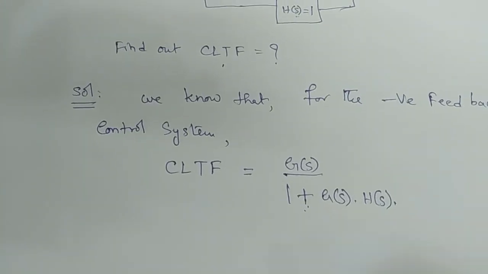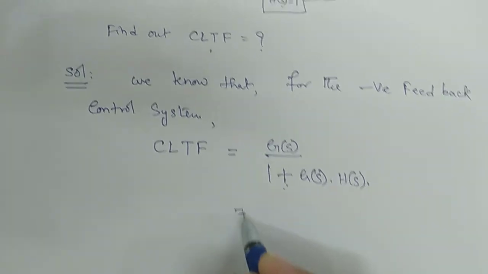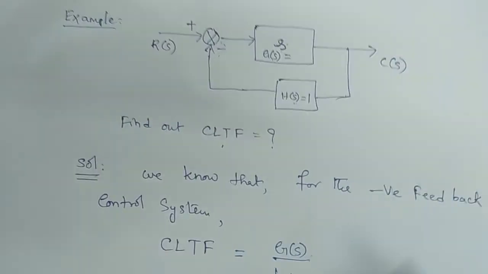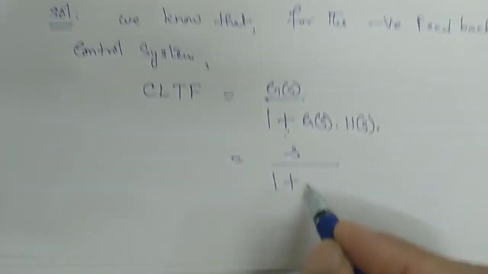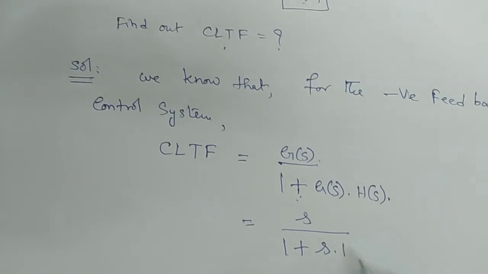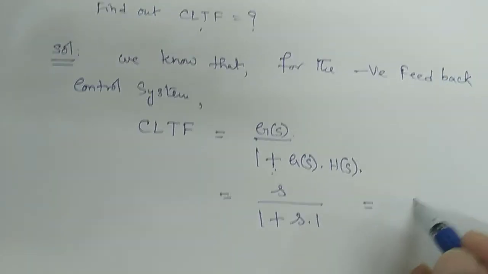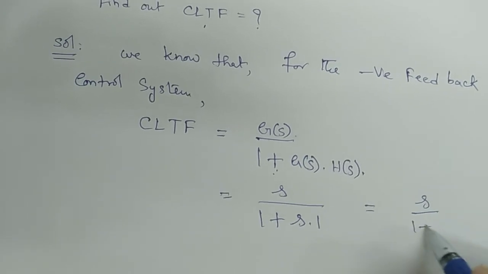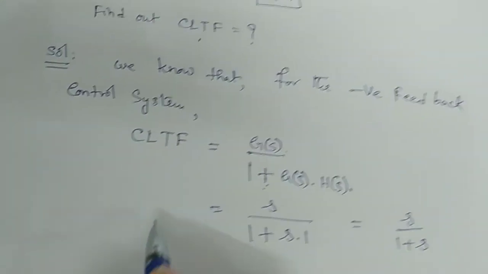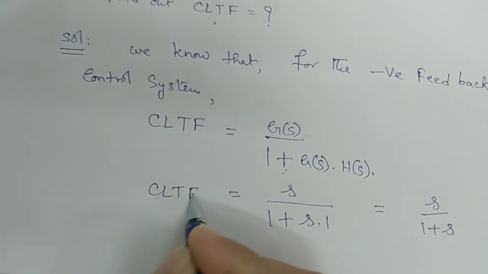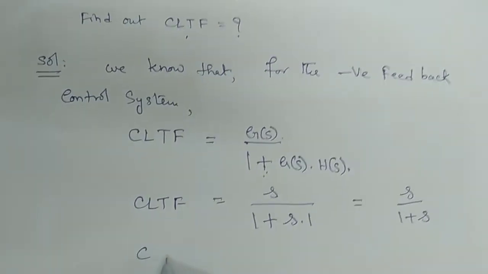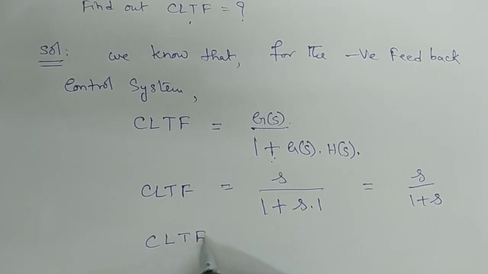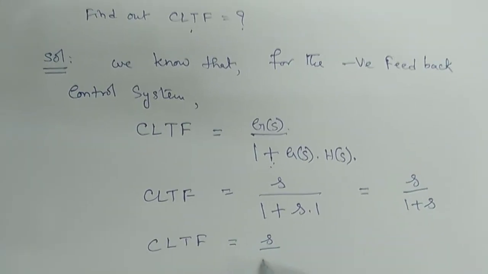Now this is the simple expression for the CLTF. Substitute all the given values. G of s is s, so it is s by 1 plus s into H of s, which is 1. Further simplifying, s by 1 plus s, or s by s plus 1.